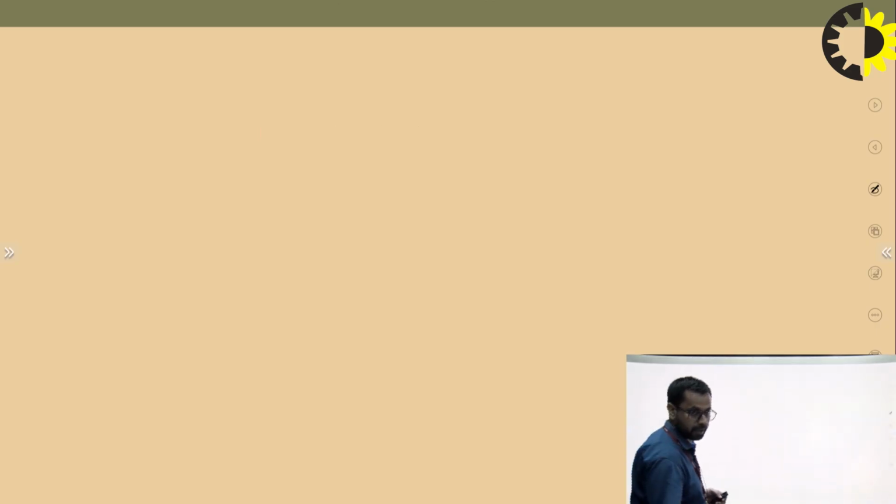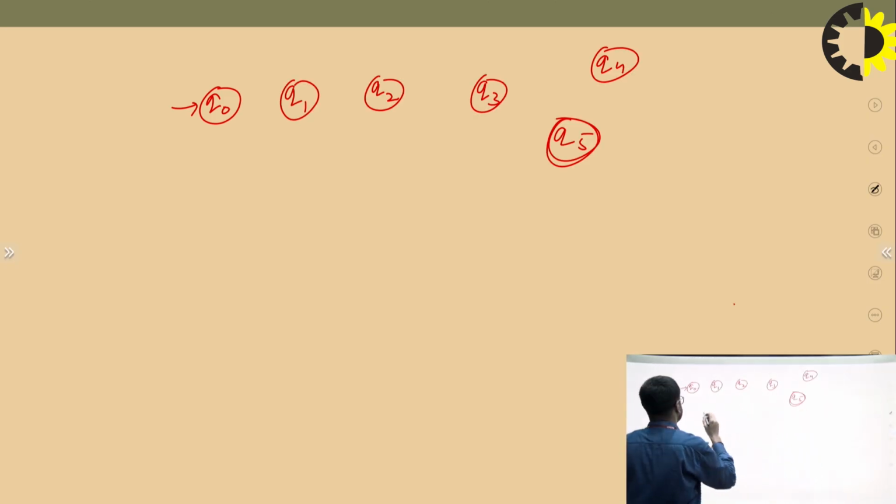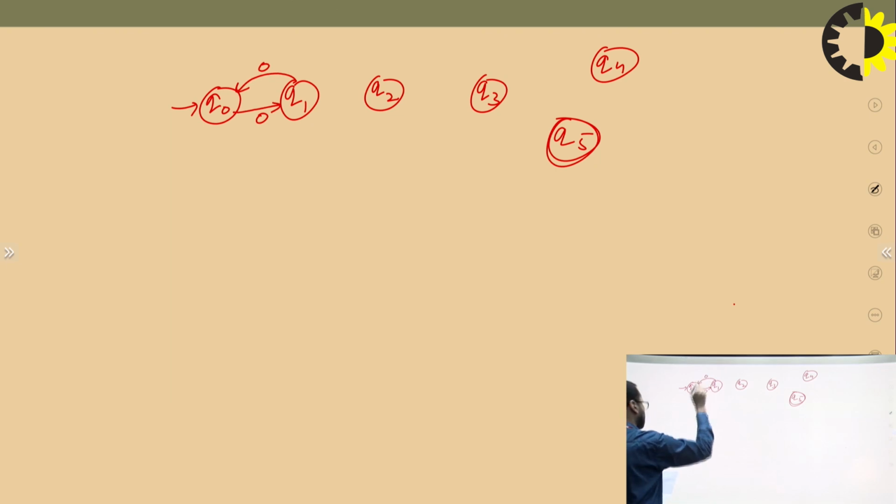Let's suppose Q0 is the initial state. From state Q0 to Q1, if we apply the input symbol 0, the state will change, and there is a 0 input symbol from Q2 to Q1.